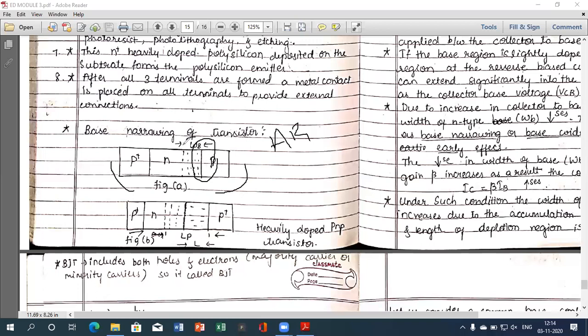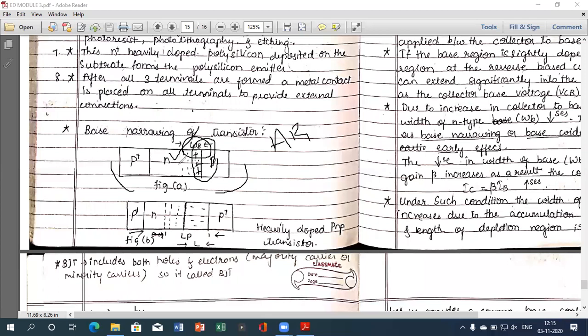Thereby the width WB of the base, which is N type, will start reducing because the depletion layer across this junction will start increasing. That is nothing but the immovable ions start accumulating, thereby the width of the base, that is N type, starts narrowing. So we call it base narrowing or base width modulation, or also called the early effect.